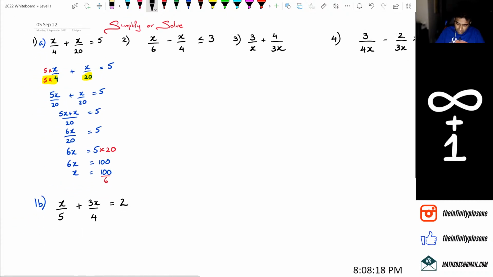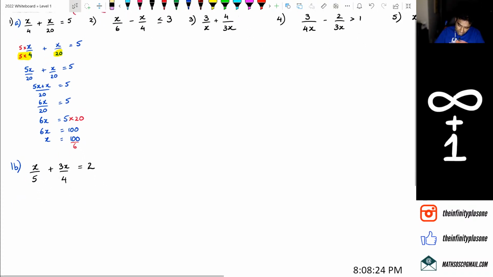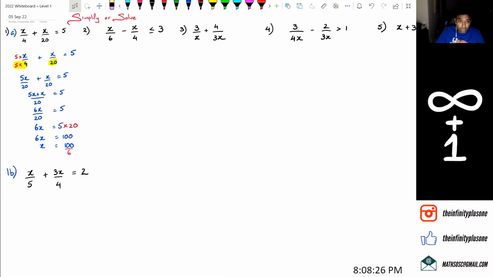Right, you guys seem like you're on the way there for 1B, so I might as well do 1B real quickly. So with 1B, we've got 20 as our common denominator. So what I'm going to do is multiply by 5 on this side, multiply by 4 and 4, which is going to give me 20 as the denominator.